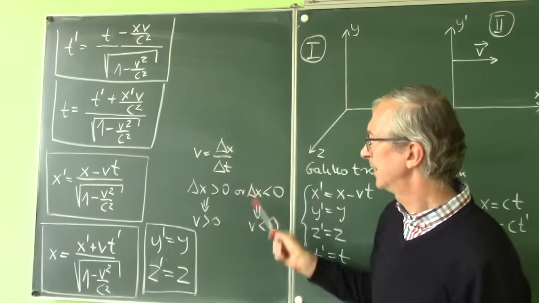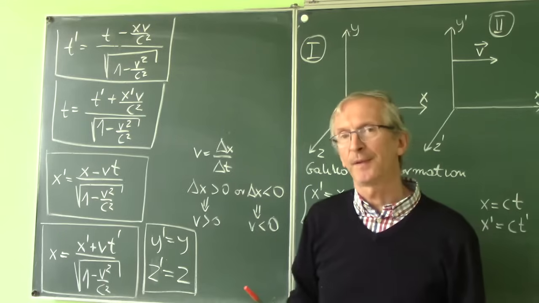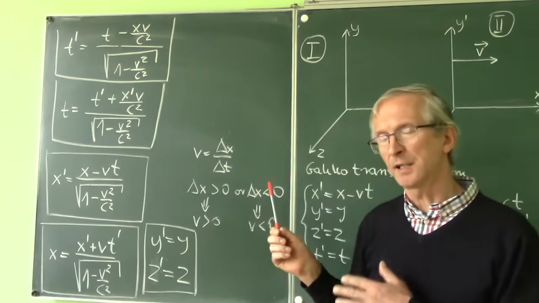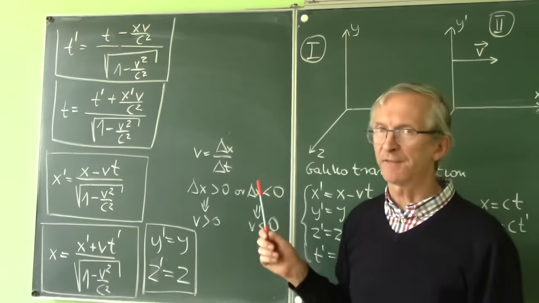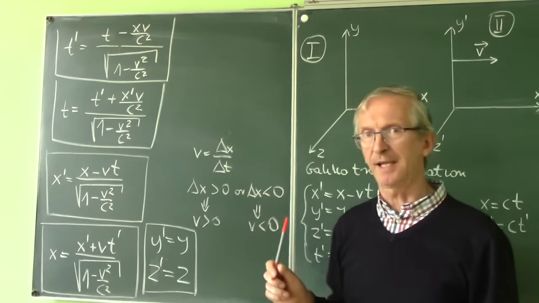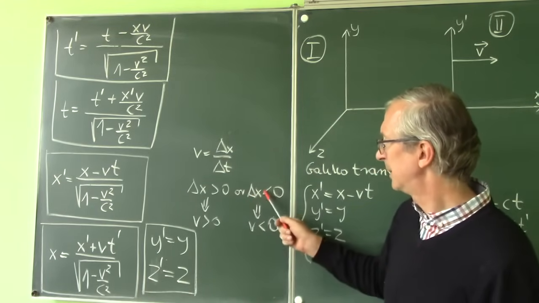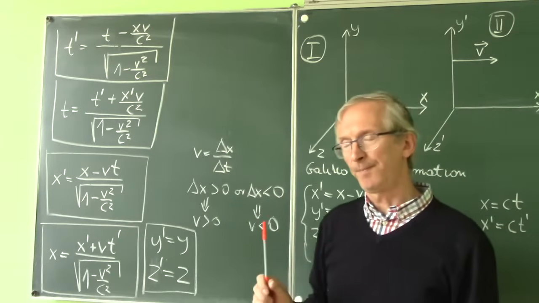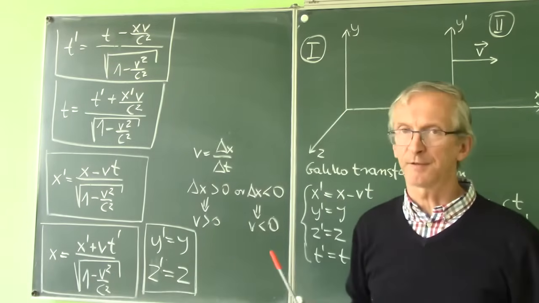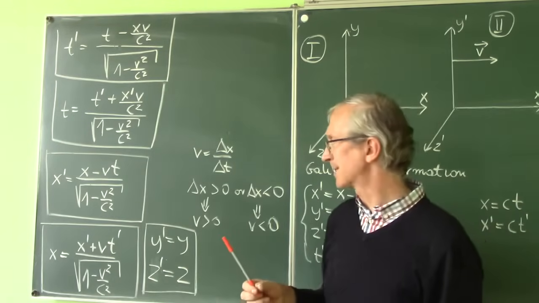Delta x can be greater than 0 if the second frame of reference is moving in the same direction as the axis x, and delta x is less than 0 if the second frame of reference is moving opposite to the axis x.